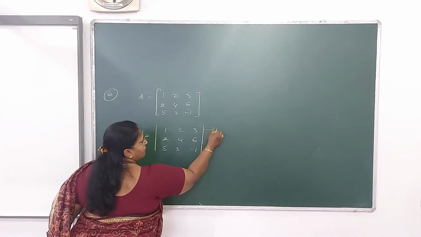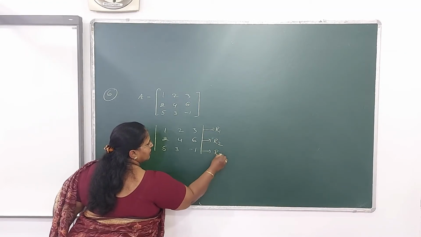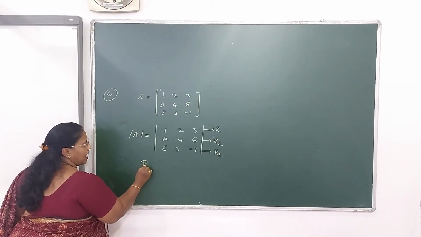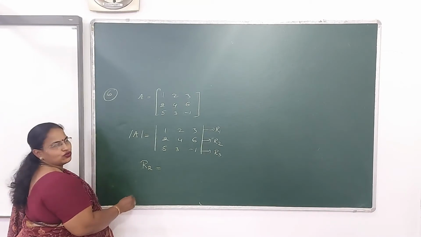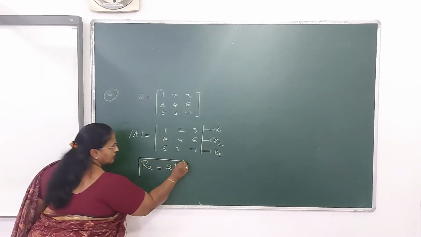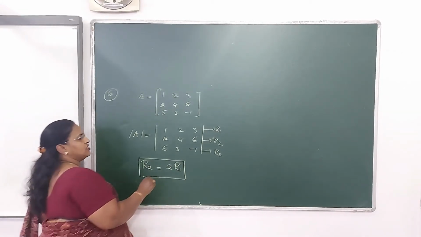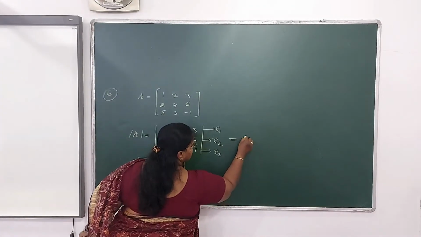This is R1, R2, R3. Now what you are finding here is that R2 is equal to 2 times R1. Since R2 is 2 times R1, the value of this determinant will definitely be 0.